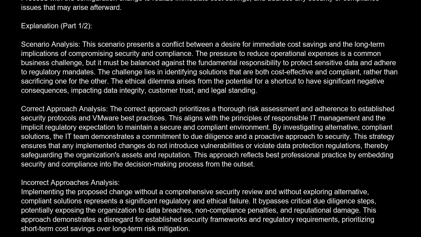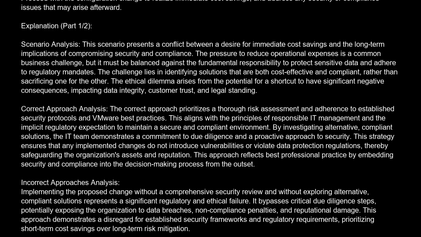The correct approach prioritizes a thorough risk assessment and adherence to established security protocols and VMware best practices. This aligns with the principles of responsible IT management and the implicit regulatory expectation to maintain a secure and compliant environment. By investigating alternative, compliant solutions, the IT team demonstrates a commitment to due diligence and a proactive approach to security.